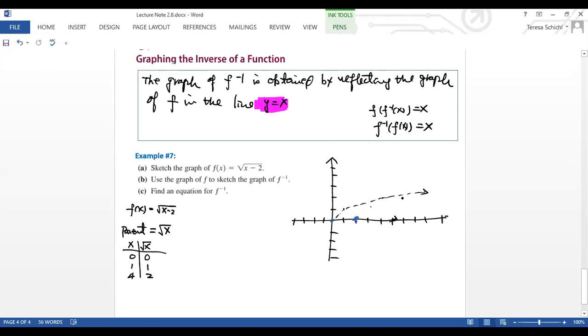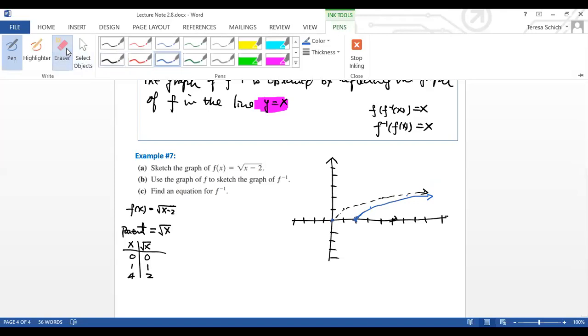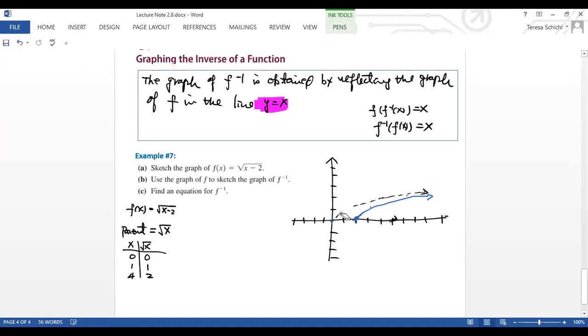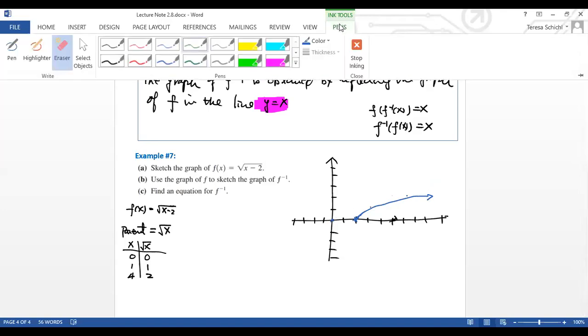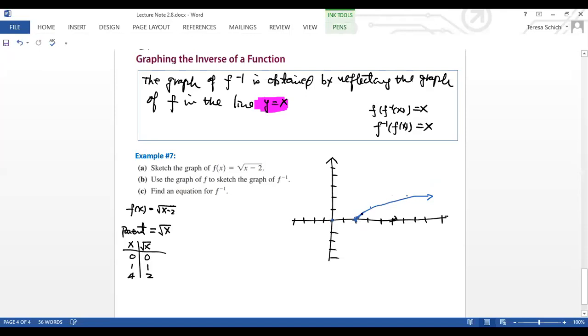Okay, so now this is my function here. Now I can erase my parent function so I won't cause any confusion. So this is the function, y equals the square root of x minus 2.